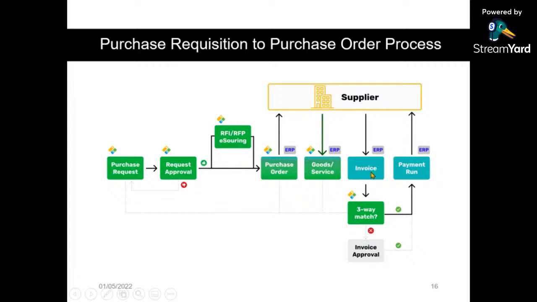Once invoicing is done, there will be some payment method. I will be paying within 3 months, 30 days or 60 days, and I will be paying you through wire or through a PayPal account, depending on the account which we define in the supplier. The payment will be sent to the supplier from ERP. So this completes one life cycle of procure to pay.